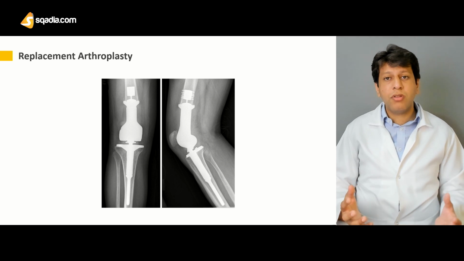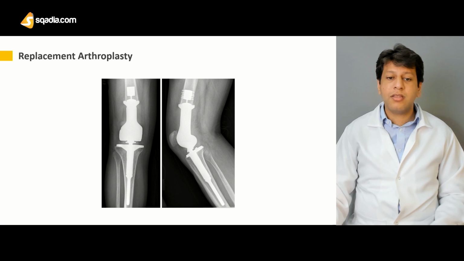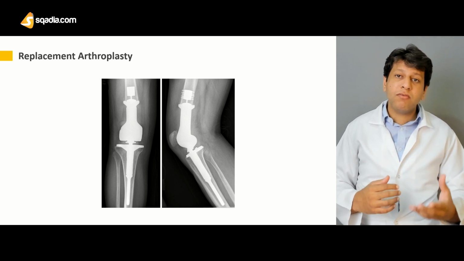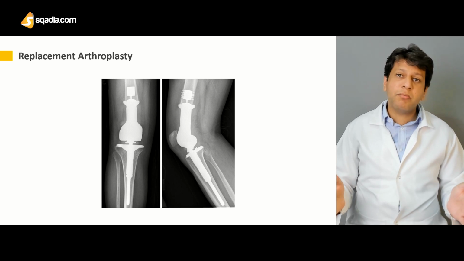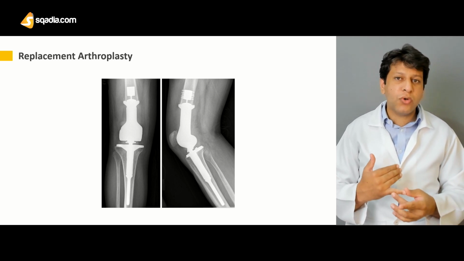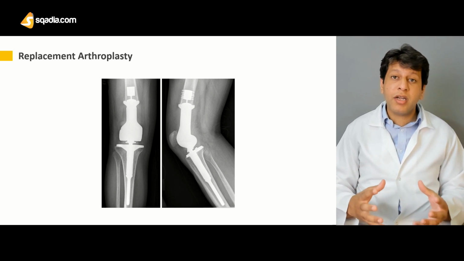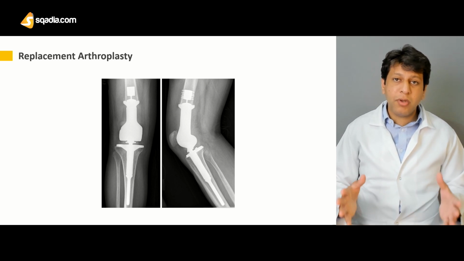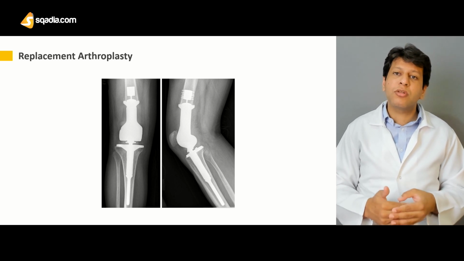But then again, semi-constrained knees like this, a completely hinged constrained type of knee prosthesis, have come up, especially because the indication for knee arthroplasty has expanded over time, with problems like joint subluxation and instability as well. Now these constrained hinged varieties can be done for even these kinds of knees. Therefore, over time, the mainstay of treatment of osteoarthritis is total knee arthroplasty.